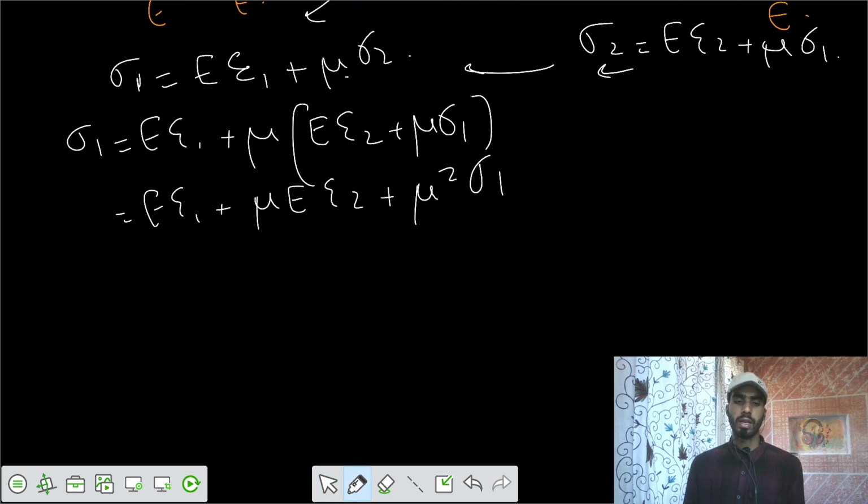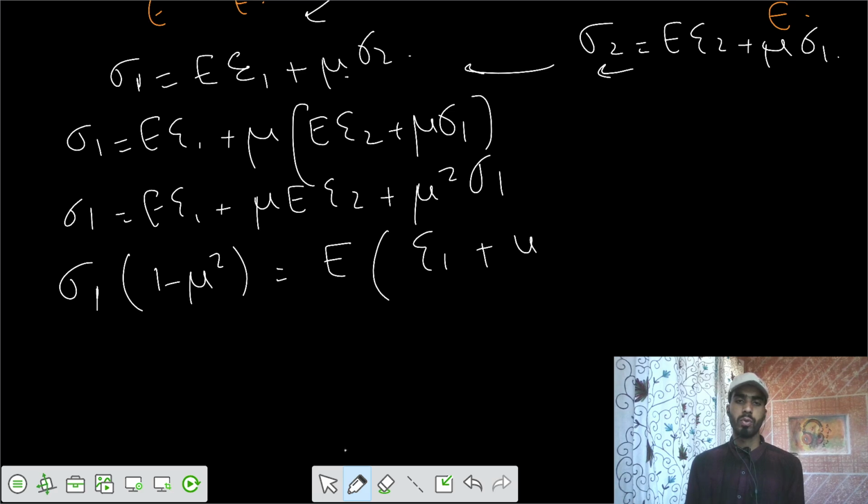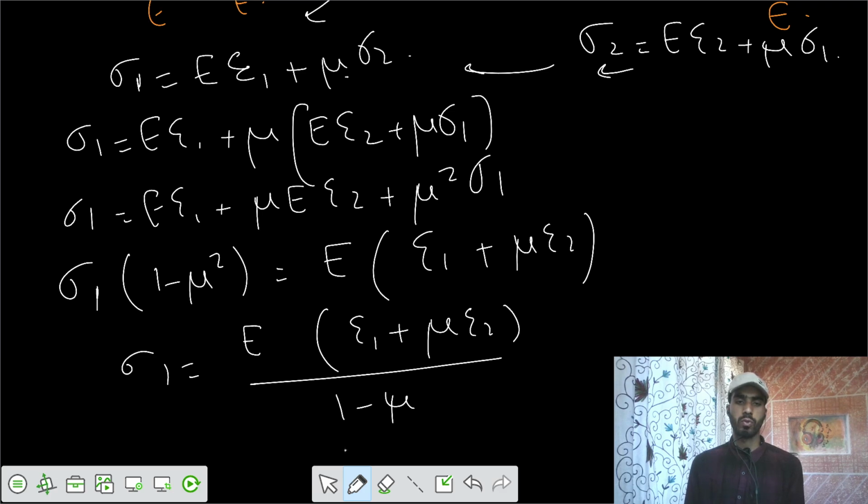Similarly, you can write sigma 1 times (1 minus mu square) equals E times (E1 plus mu E2). That means stress 1 equals E times (E1 plus mu E2) divided by 1 minus mu square.